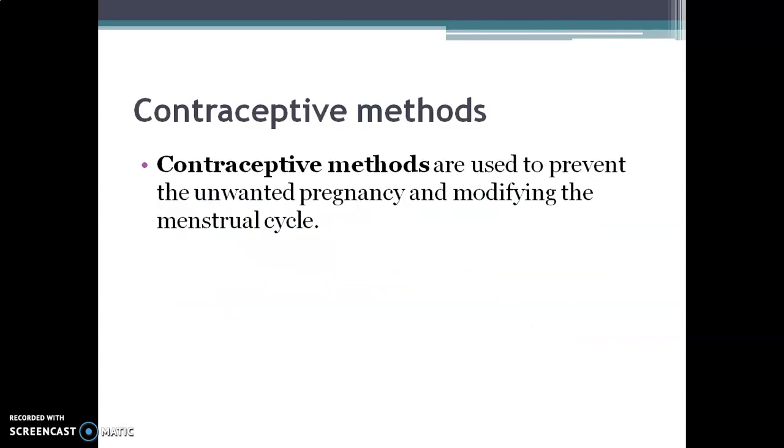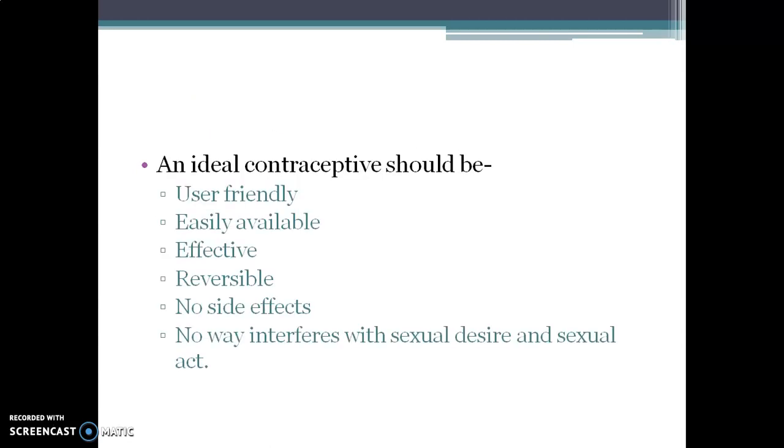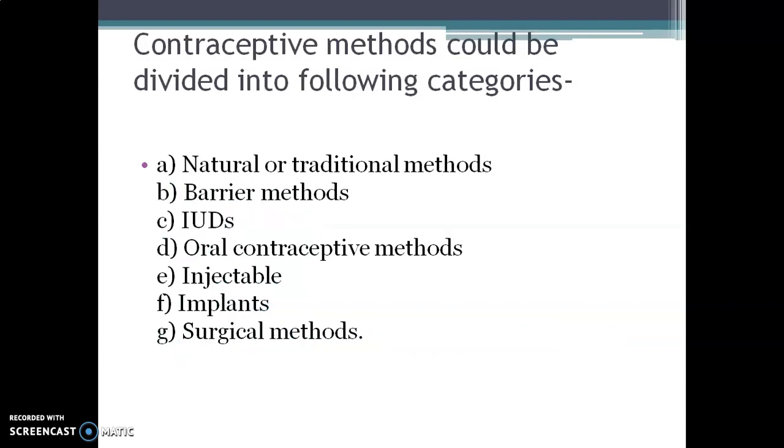Okay. So, we can check what are the contraceptive methods. Now, what do you mean by contraceptive methods? It is used to prevent an unwanted pregnancy and modifying the menstrual cycle. So, before that, we should know what are the ideal contraceptive methods. It should be user-friendly, easily available, it should be effective and should be reversible and never produce any side effects and in no way interfere with sexual desire and sexual act.